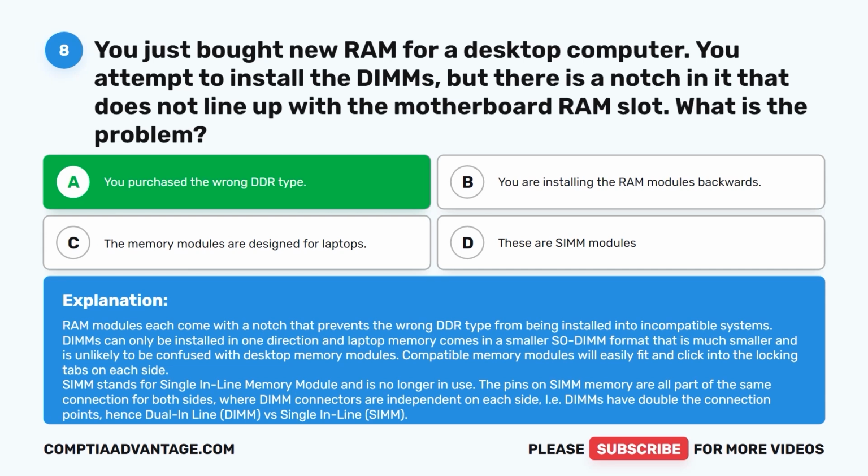SIM stands for Single Inline Memory Module and is no longer in use. The pins on SIM memory are all part of the same connection for both sides, where DIMM connectors are independent on each side. For example, DIMMs have double the connection points, hence dual inline, DIMM versus single inline, SIM.